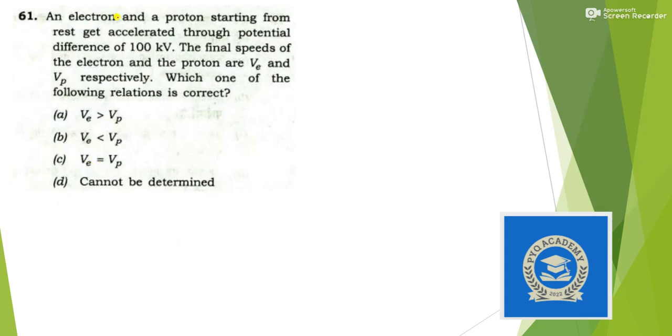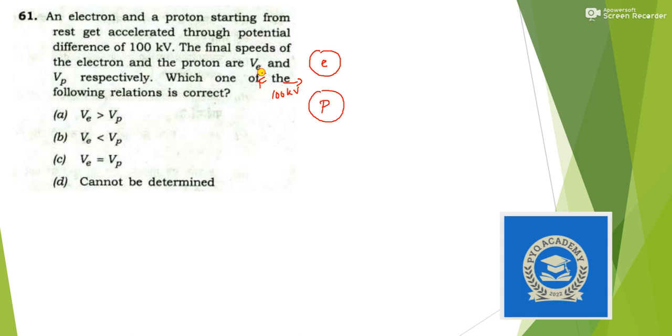An electron and a proton starting from rest get accelerated through a potential difference of 100 kilovolt. The final speeds of the electron and proton are Ve and Vp respectively. Which one of the following relations is correct? Suppose you don't know, but let's try to solve it with some basic concepts. Let's take this as the electron and this as the proton, and a potential difference of 100 kilovolt is applied.